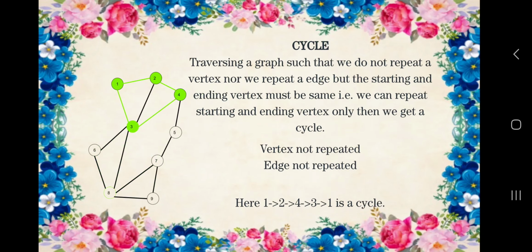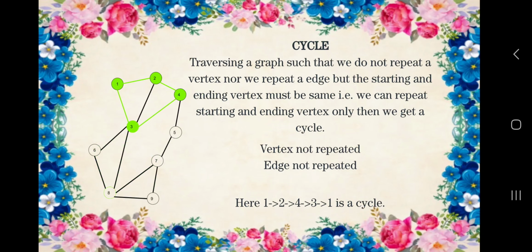Next is a cycle. In a cycle, vertices should not be repeated and edges also should not be repeated. We traverse a graph such that we do not repeat a vertex nor an edge, but the starting and ending vertex must be the same. To form a cycle, I have to start at a point and finish at the same point.